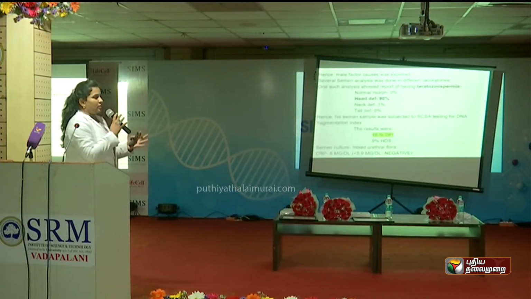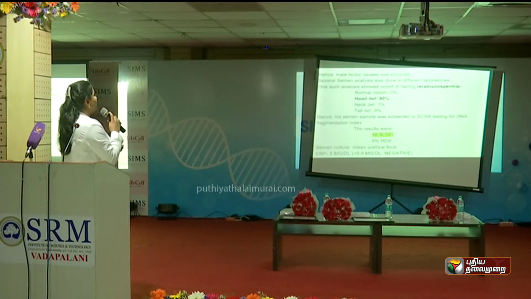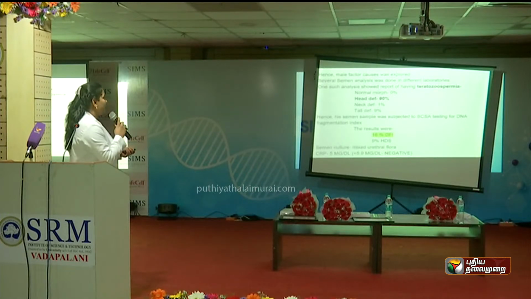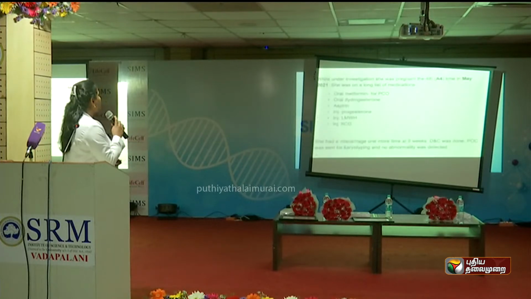So she was left, and male causes were investigated. Semen analyses were done in different laboratories, out of which one found a head defect of 90%, so again a BFI was done, which is normal, and DFI by SCSA 16%. Semen culture and CRP were both done, and that was also normal for him.